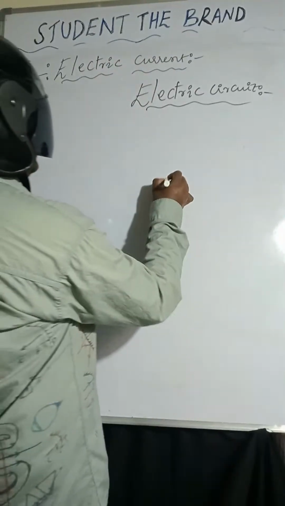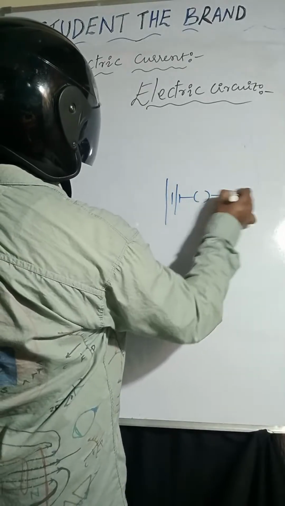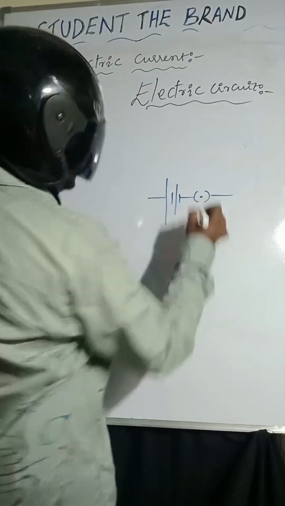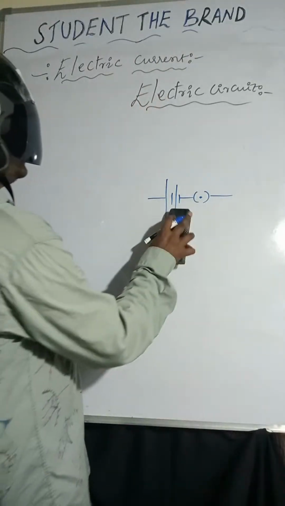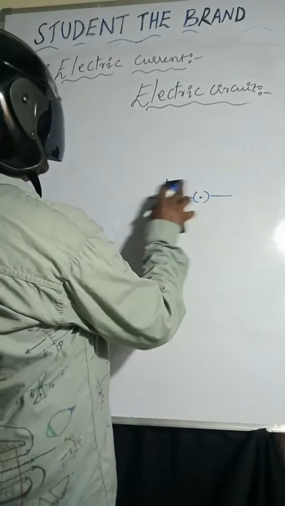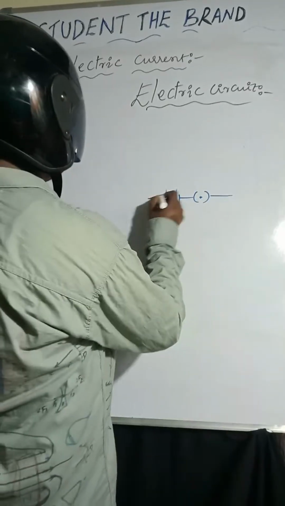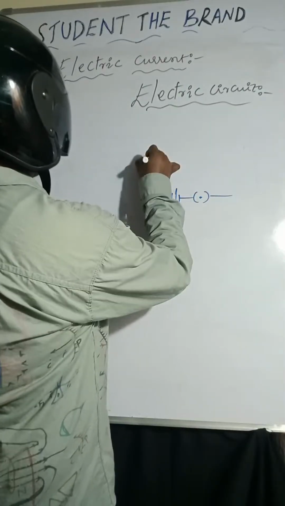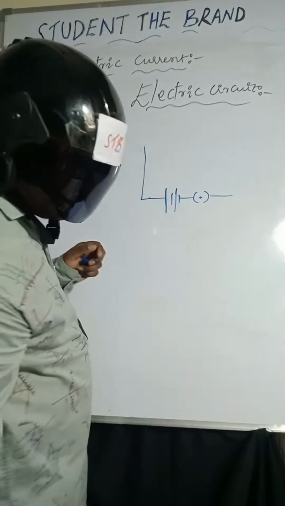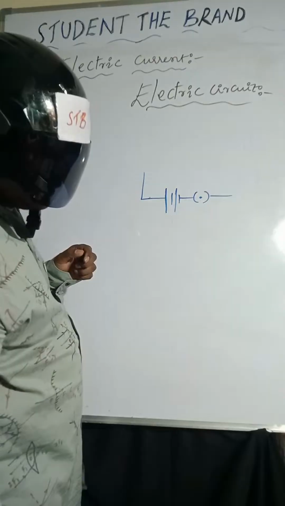So I am considering here, this is the cell, the battery I am taking. Here is the closed switch, with a dot.